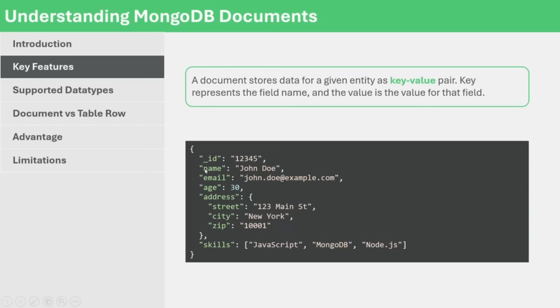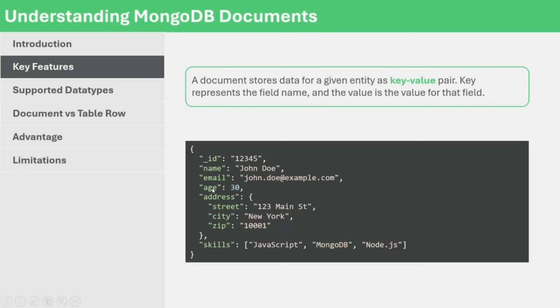And then we will have the student name, student email, the age of the student, the address of the student, and what skills he has. So you see, these fields represent the data related to a student and each field is assigned a value. For example, the name of the student is John Doe. The email for the student is johndoe@example.com.